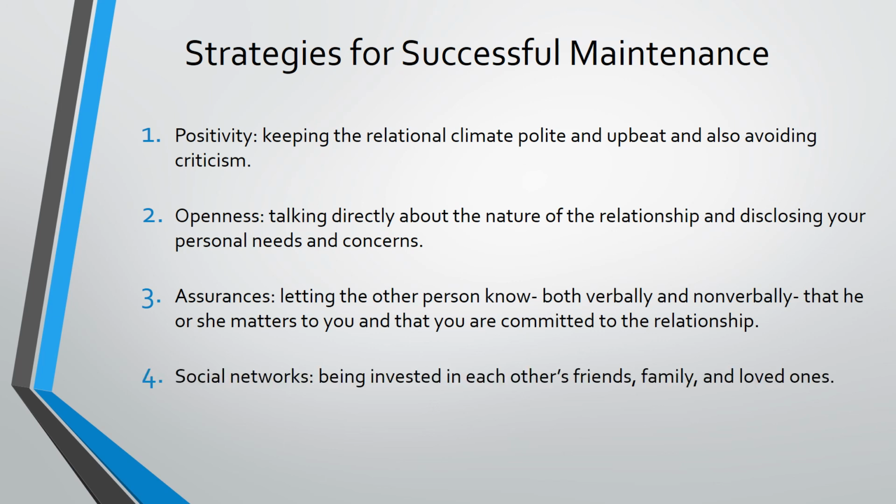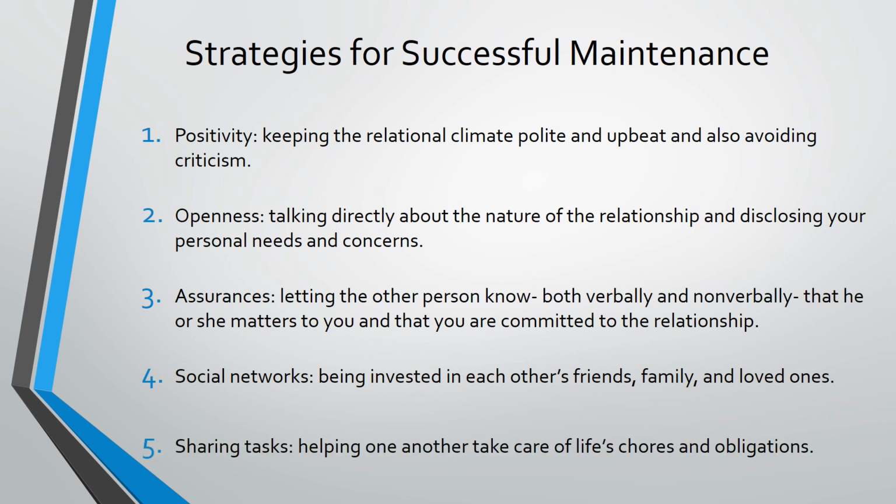Number 4, social networks. Being invested in each other's friends, family, and loved ones. So taking time out and joining them for that work dinner, or attending their friend's barbecue, or going to the family's birthday party. All of these ways that you can show up and be there for your partner through social networking.